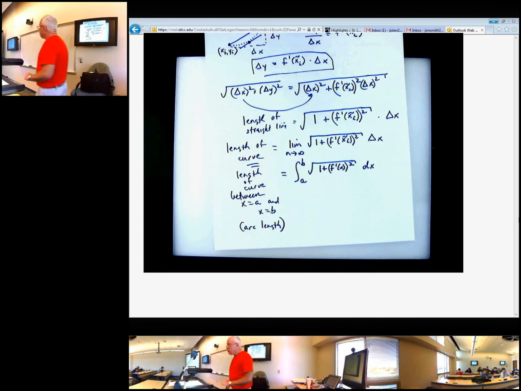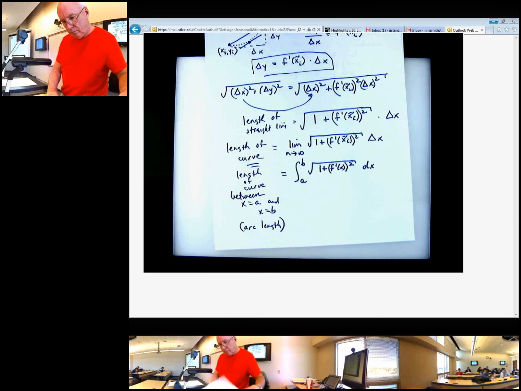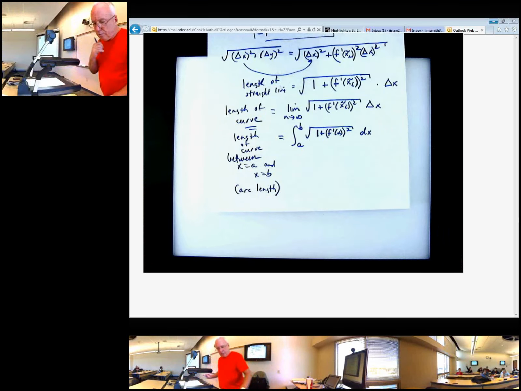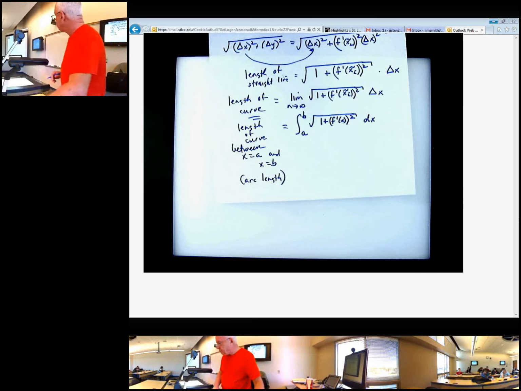So let's work with this formula here to do an example. The first example actually involves a little bit of substitution, but it's not too bad.